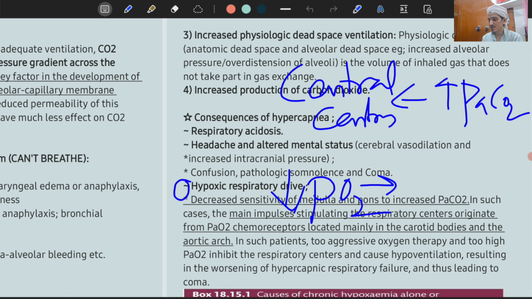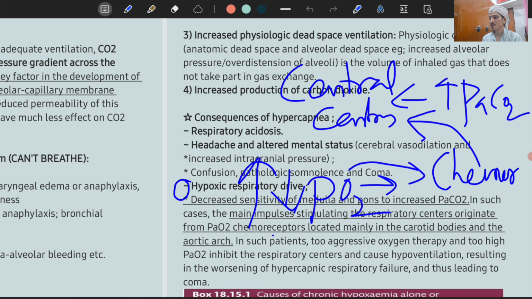If you acutely increase the oxygen in these patients, the partial pressure of oxygen will increase and give fewer signals to the chemoreceptors, which tell the respiratory center that there is already oxygen. So the respiration which was impaired previously will become worse.